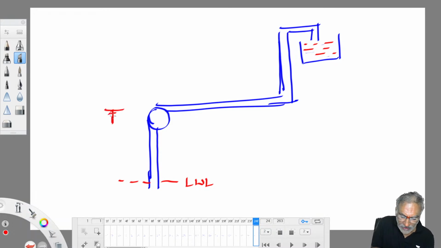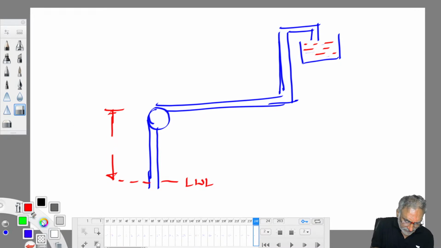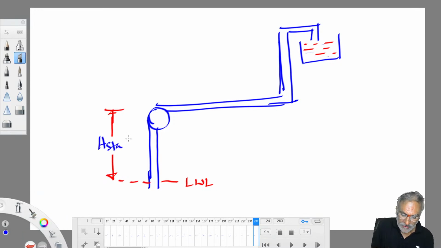Pump level to lowest water level at source is called H suction. Sorry, this is called suction head. Okay, it's suction.